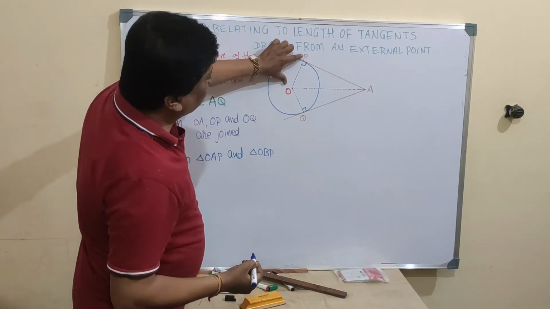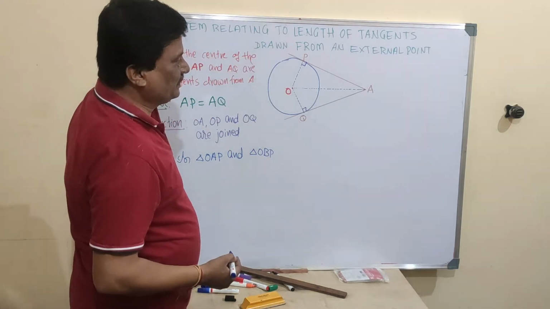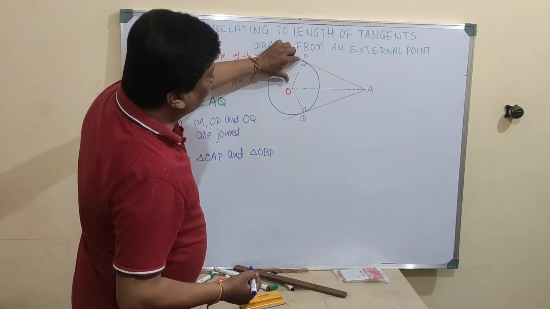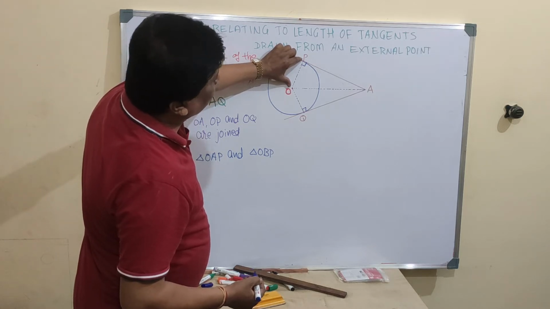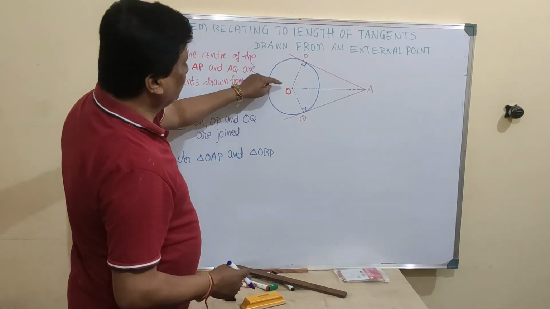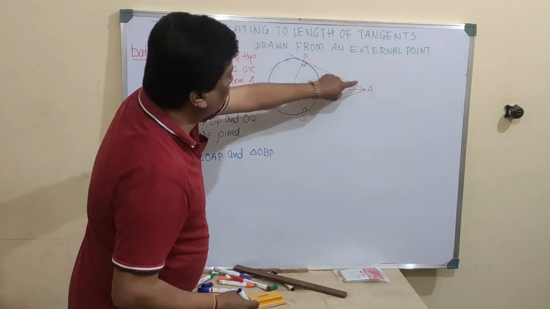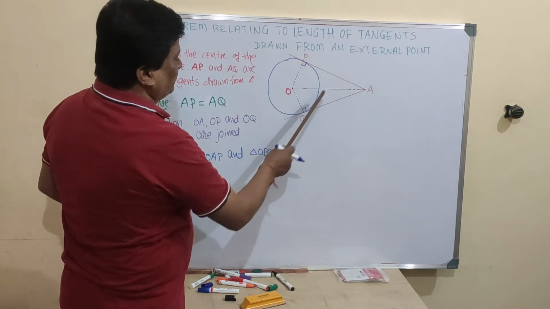P is the point of contact of the tangent AP, so at P we have drawn the radius. Therefore, angle OPA is 90 degrees.